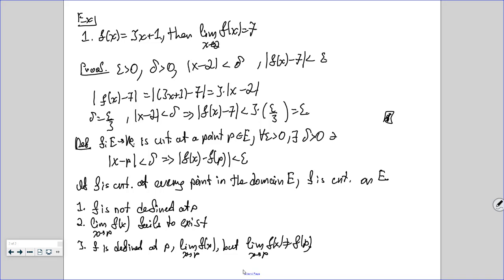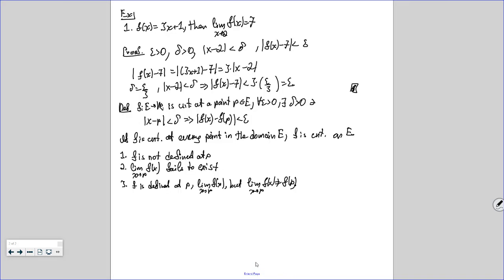Let's do one more example. Suppose we have a function from (0, infinity) to R, defined as f(x) = 1/x.